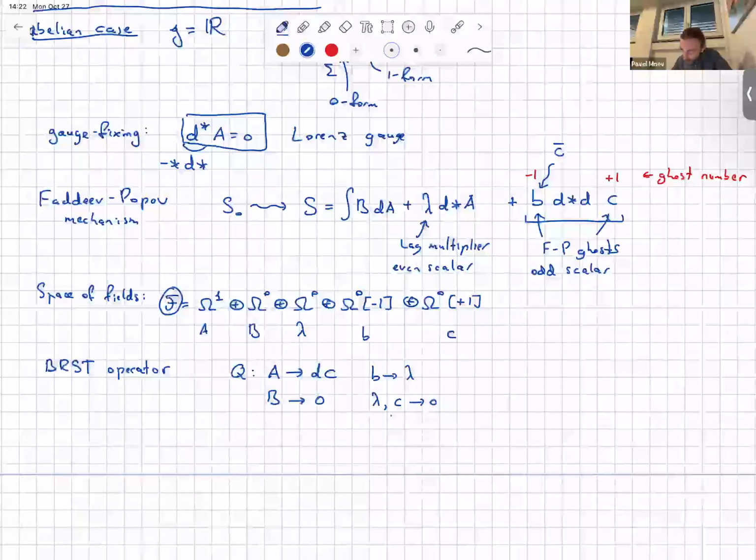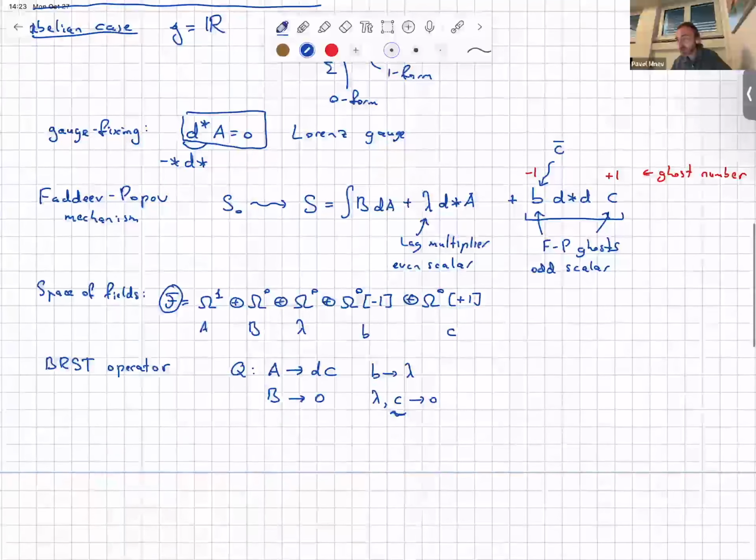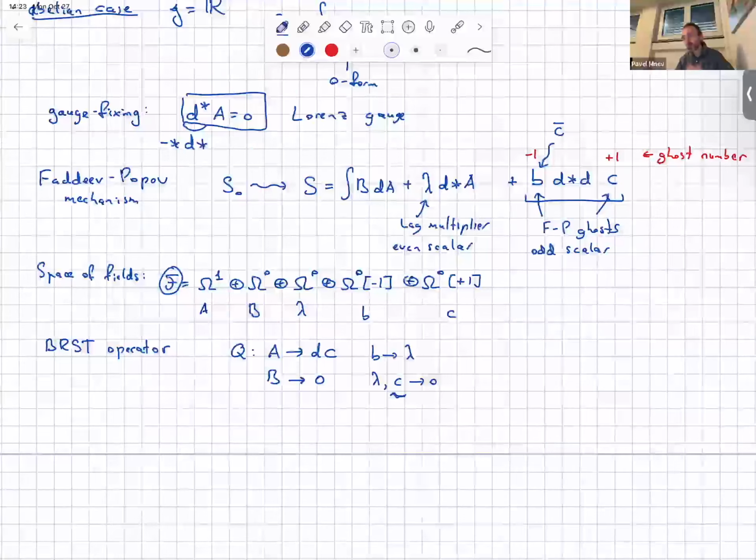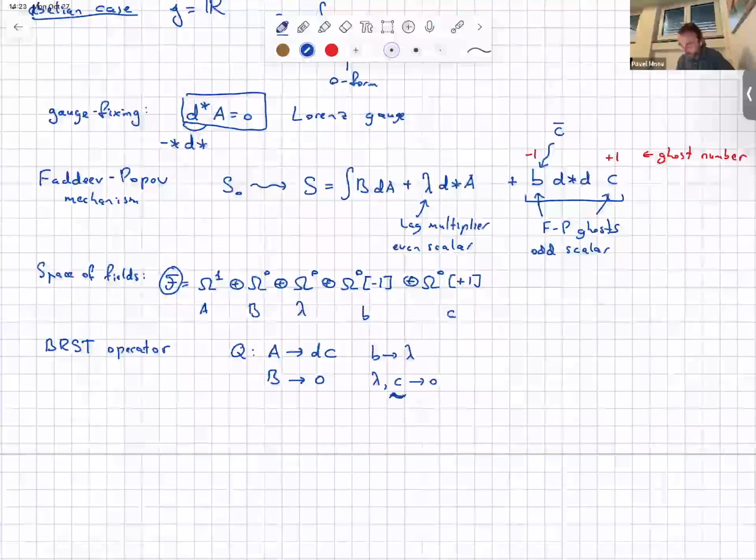In the non-abelian theory, C would not go to 0, it would go to a bracket of C with C. So ultimately where C goes is somehow the Lie algebra of gauge transformations. I'm being a little bit quick with that story, but there are some interesting structures of homological algebra going on here.